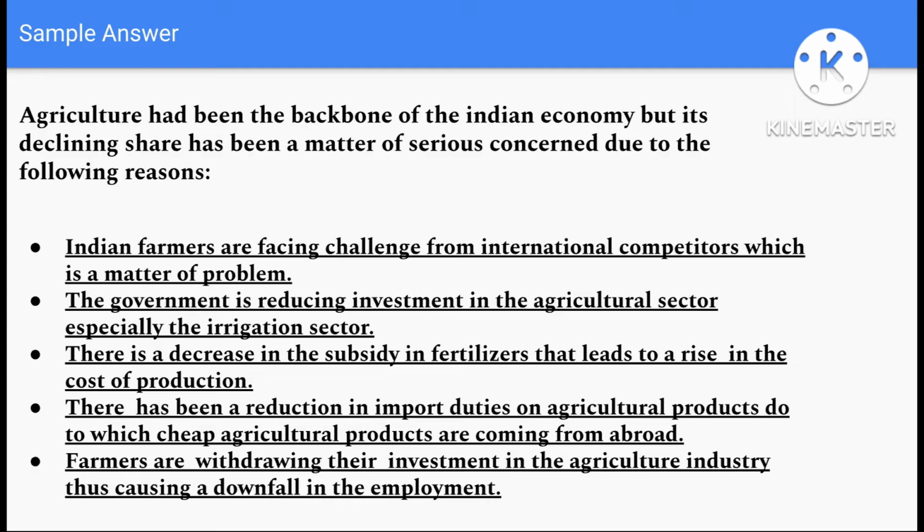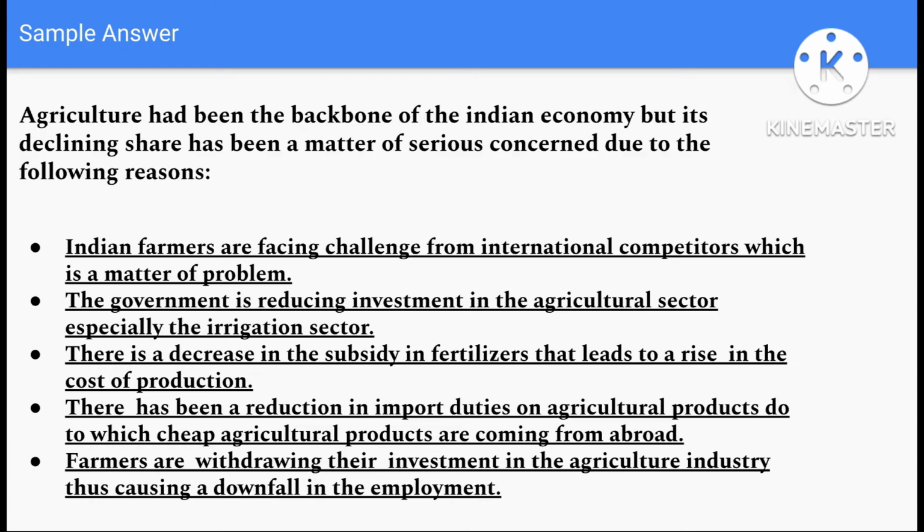And the next point is that they have reduced the subsidy on fertilizers, which is raising the cost of production for the farmers, and that's why they are withdrawing their investment in the agriculture sector, and hence employment is also going down. So my points 4 and 5 explain the declining reasons, and it is a very short answer as well, presented in a neat and clean manner while keeping those strategies in mind.